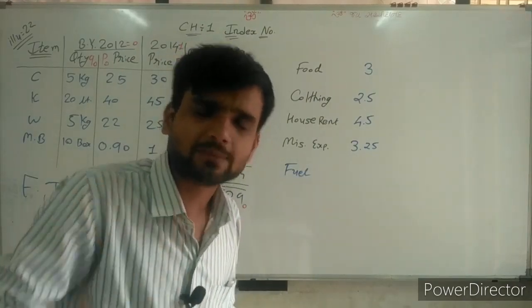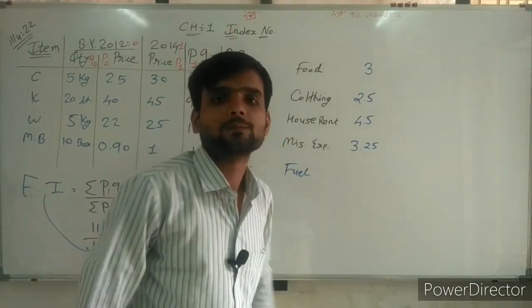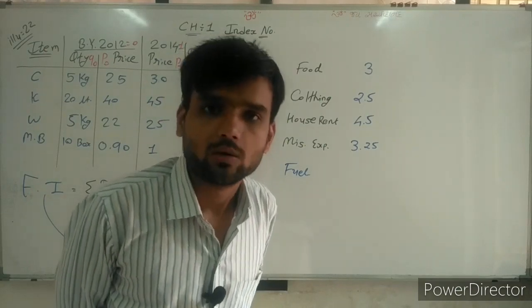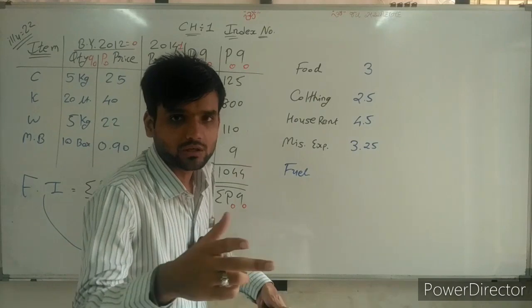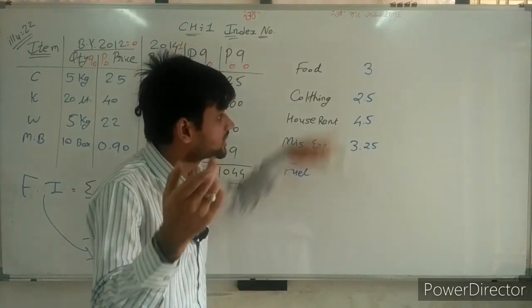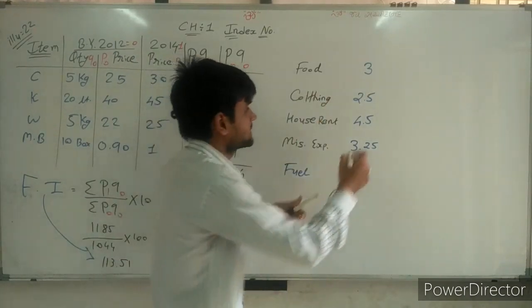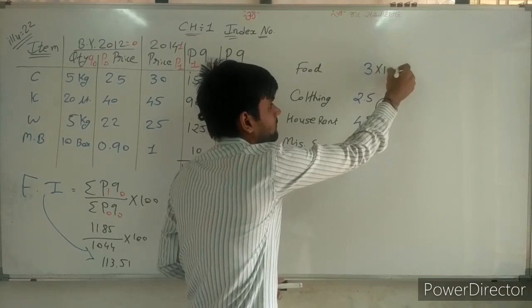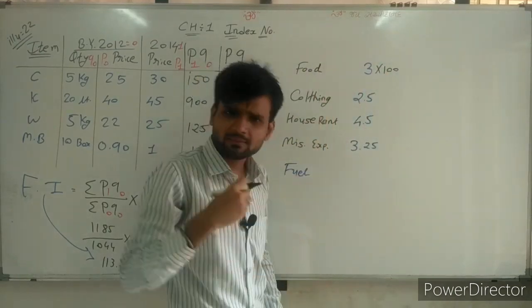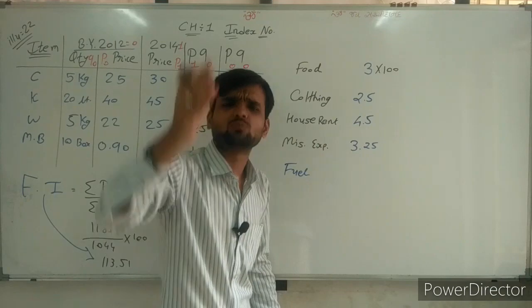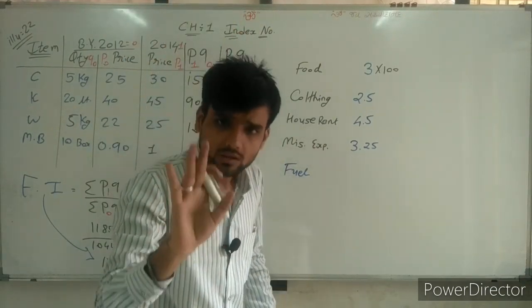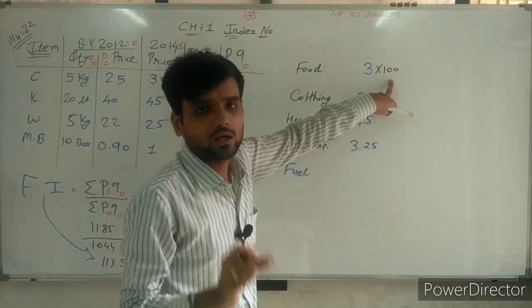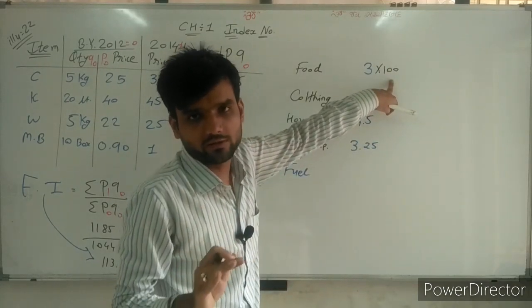Now what is meant by times? Times means multiplication. So I can say total expenditure is 3 times. It means 100 into 3. I am assuming 100. You can assume 200, 500, 700, whatever you want to assume. But please, if possible, only assume 100.